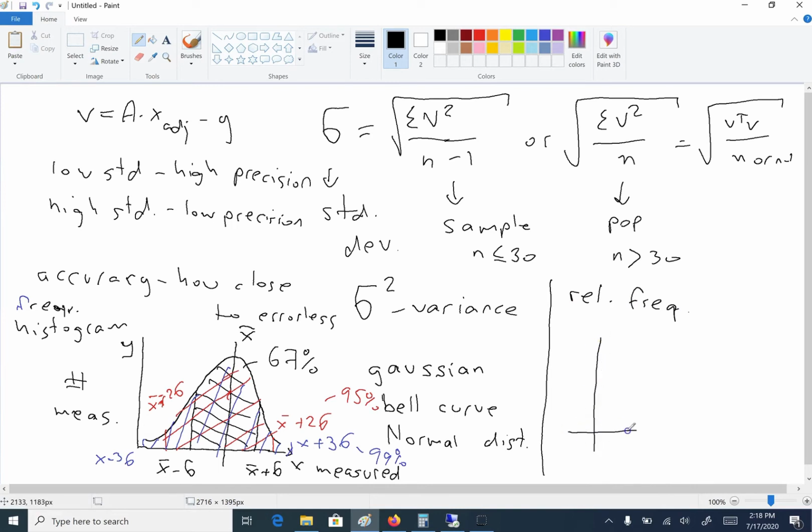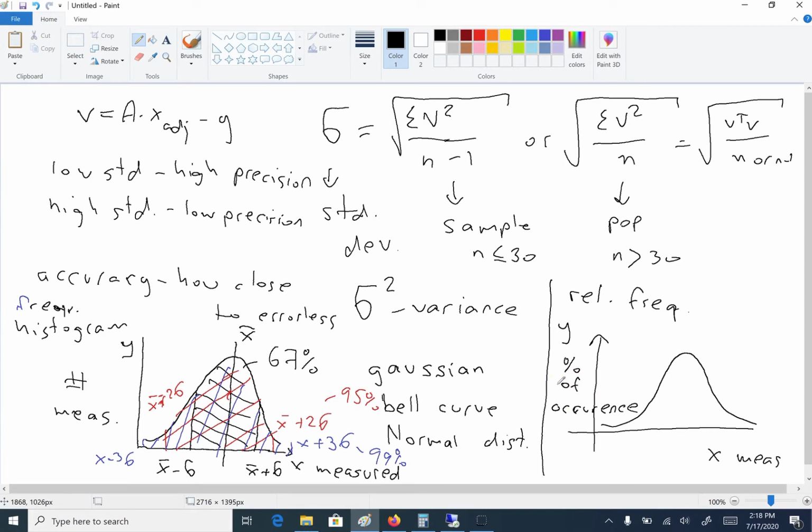It has exactly the same shape as the frequency. The x is once again the measured value. However, the y-axis, instead of containing the number of measurements, is the percentage of occurrences. So this contains the actual number of occurrences, and this is the percentage of the occurrences.